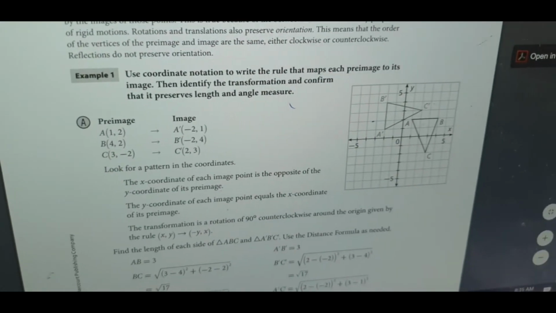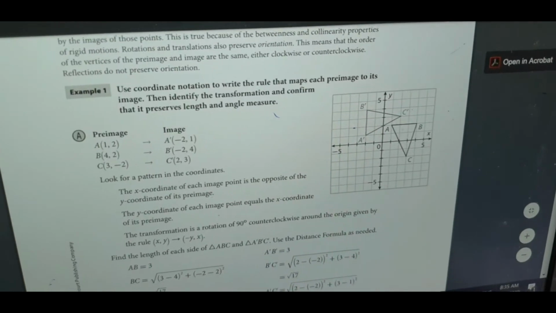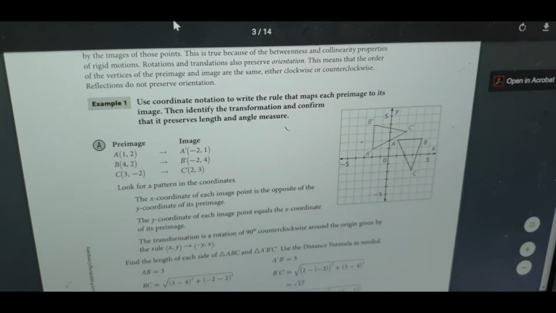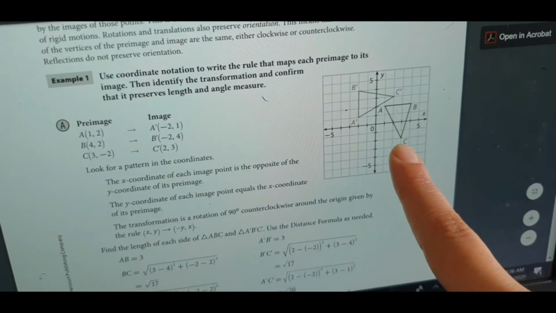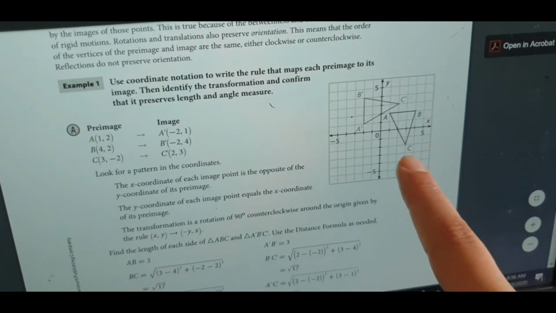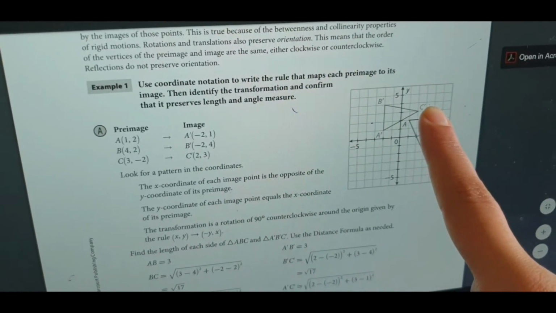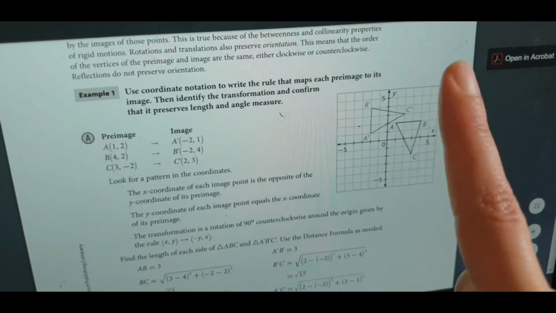If it's moving two quads, it's 180. If it's moving three quads, it's 270. If it's moving four, it is 360. Let's take any point and trace it. Let's take C, for example. C was in quad 4, and then it moved one quad up. So how many degrees? This is 90 degrees counterclockwise.